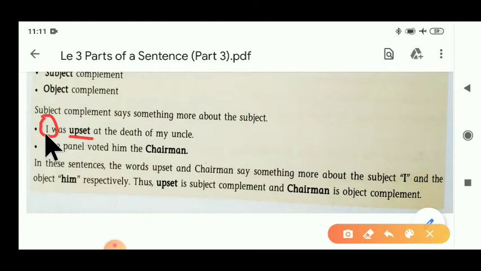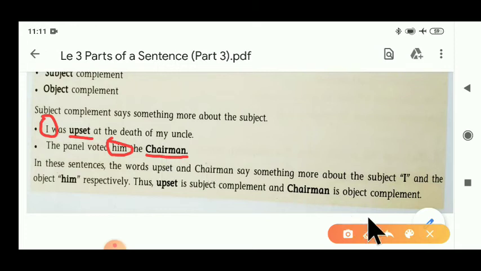It is used for the subject I. In the second example, chairman is a complement. It describes him, and him is the object in that sentence. So here chairman became the object complement.